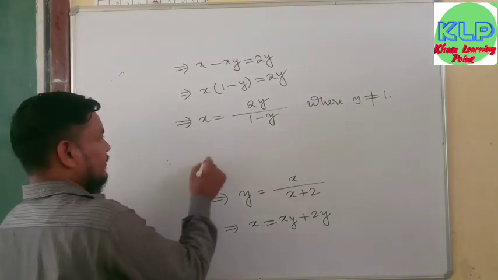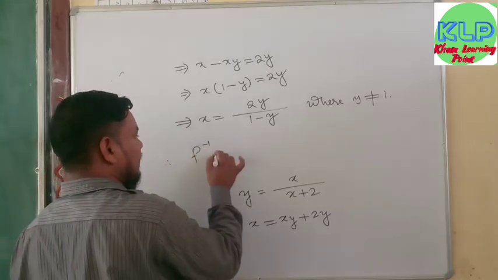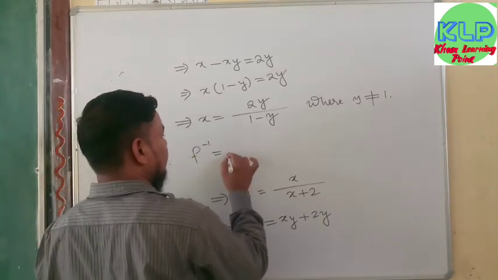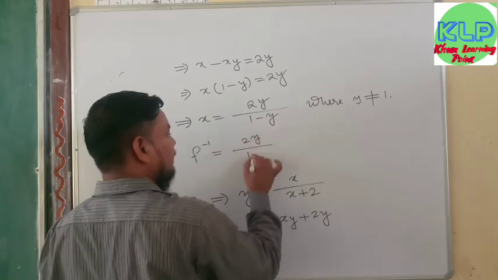Therefore f inverse is equal to 2y by 1 minus y.